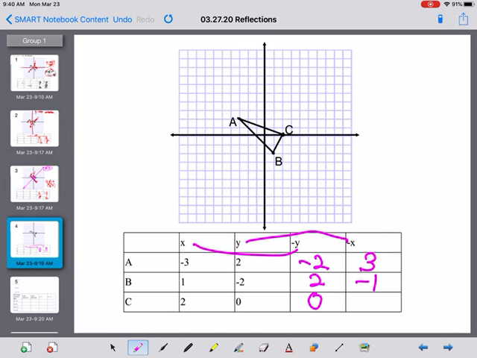And then (0, -2). So let's graph those. So (-2, 3), (2, -1). Whoops, that should be A prime. B prime. And then (0, -2) will be C prime.